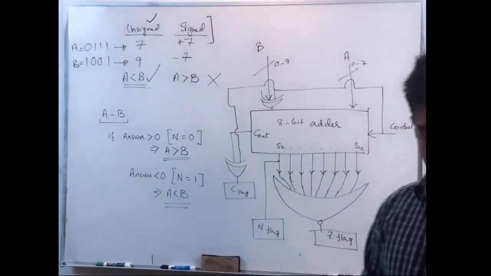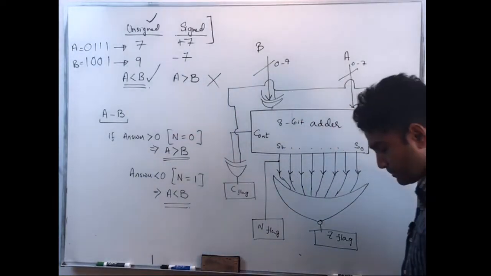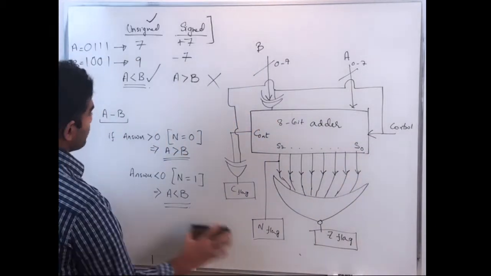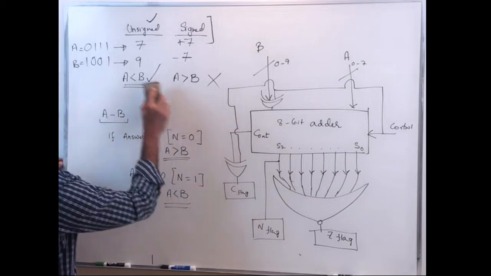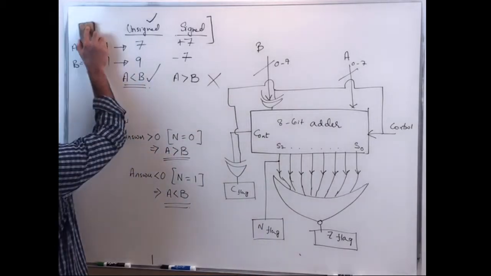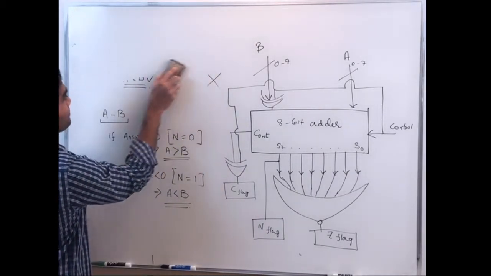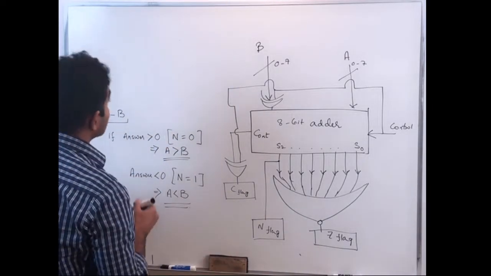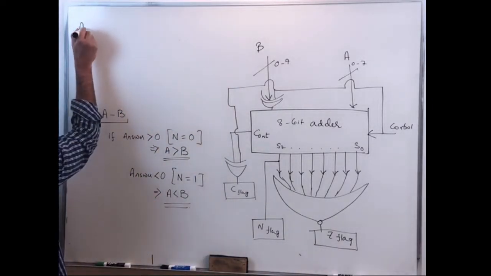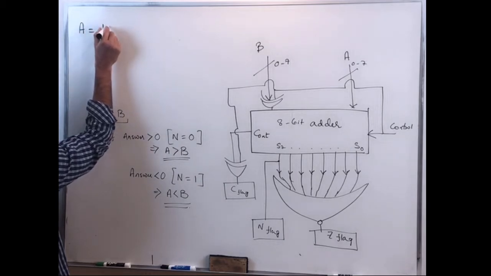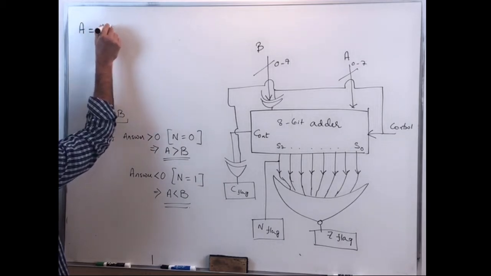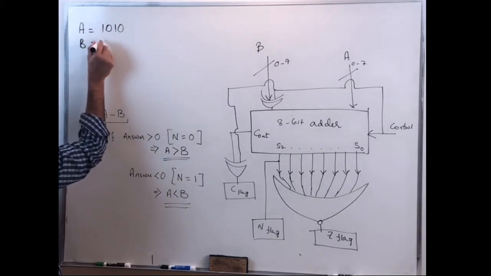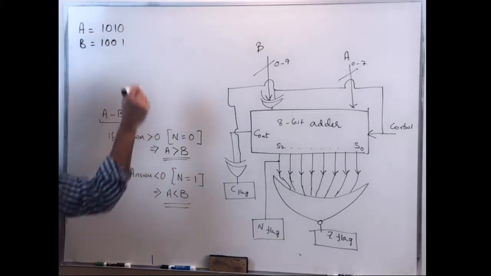So far so good. Let's take some examples. Let's say my A is 1, 0, 1, 0, and B is 1, 0, 0, 1.